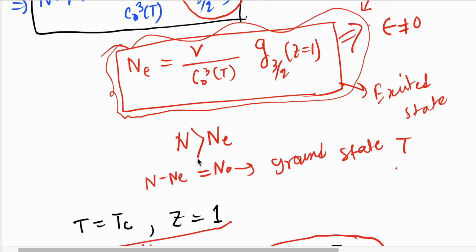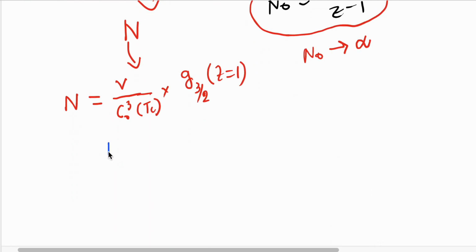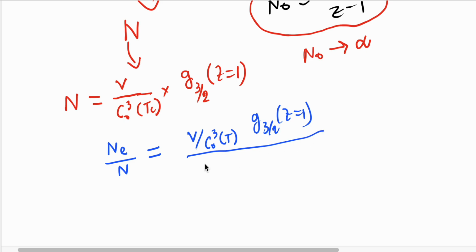Now let's see what is the value of Ne by N. So Ne is V by C0 q T, g3 by 2 at Z equal to 1, and the denominator is V by C0 q Tc, g3 by 2 at Z equal to 1.